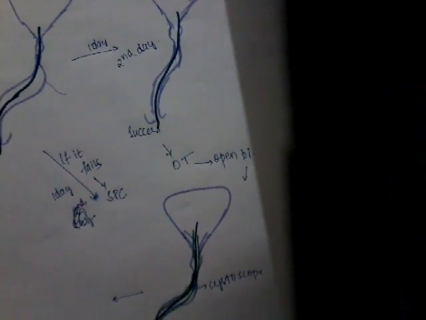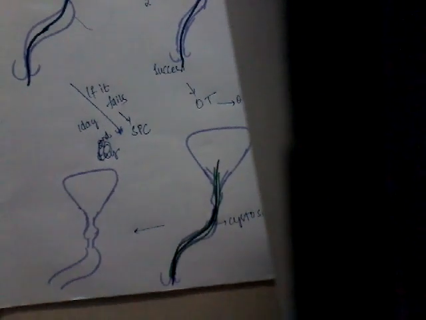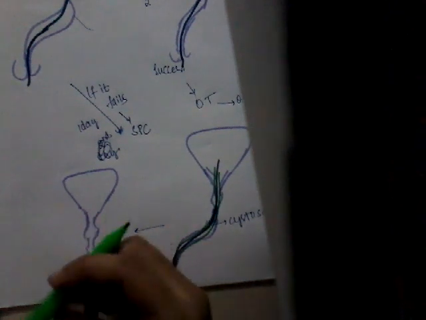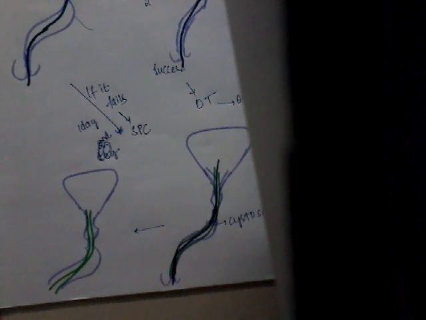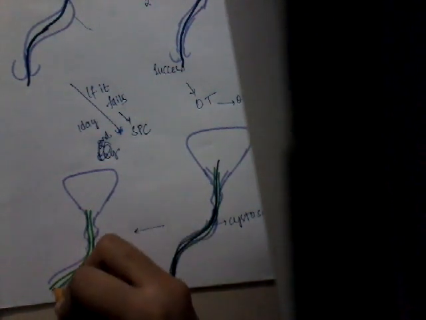After removing the soft catheter, there will be only the cystoscope left here. Now through this cystoscope, pass the Foley's catheter. Now this Foley's catheter will be in place. So this is what you do.